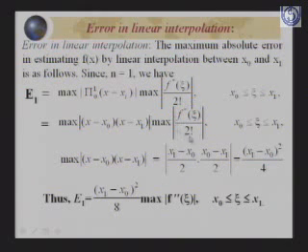Whatever function is given to you, it may be sin x or cos x or any other, you can find the value of the double derivative. The product is x minus x0 into x minus x1, so you can in turn find that the maximum error will be (x1 minus x0) squared upon 8, into the maximum of the double derivative of this function.